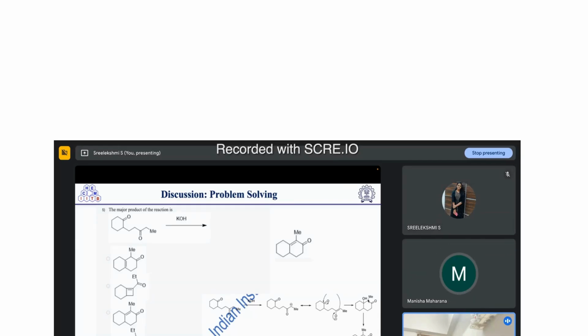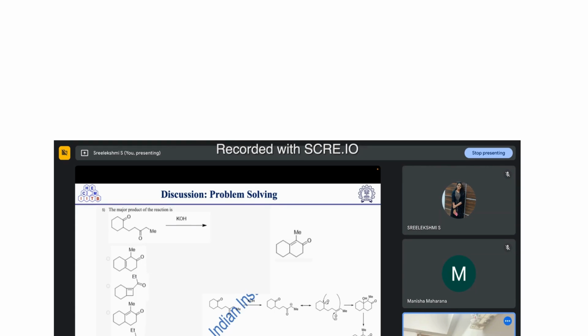From this center only, the proton will be leaving, because it is adjacent to the ketone, which means that it is also again an acidic proton, so there is a larger tendency for it to get eliminated, so it will go with this hydroxide ion to form this compound. So option C is the correct answer.